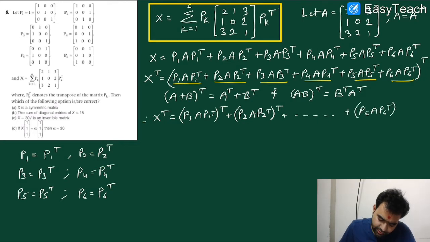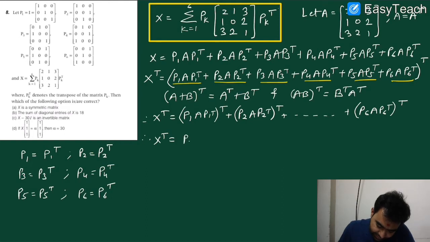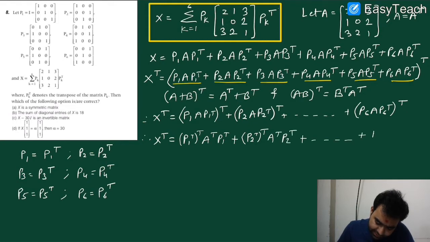Now here there are three matrices in multiplication, A, B and C. So (ABC) transpose is C transpose, B transpose, A transpose. So I can say here (P1 transpose) transpose into A transpose into P1 transpose, plus (P2 transpose) transpose, A transpose and P2 transpose. Similarly, this is (P6 transpose) transpose, then A transpose, then P6 transpose.